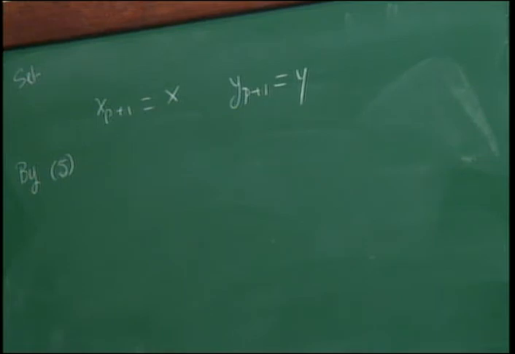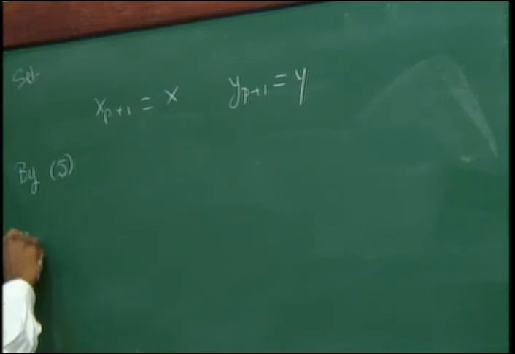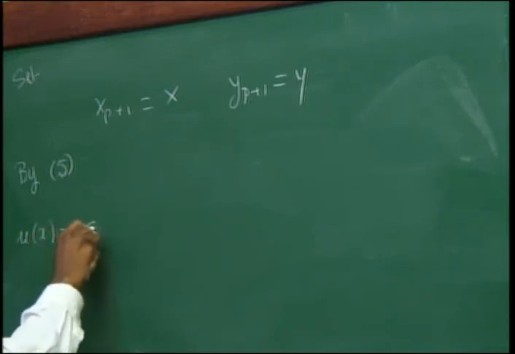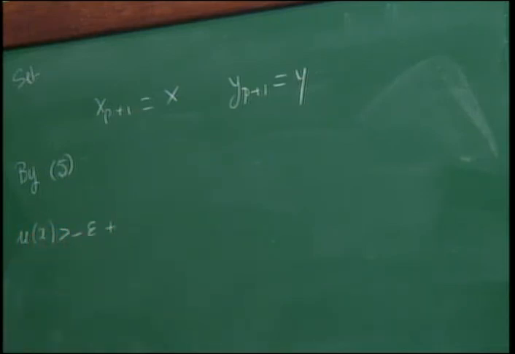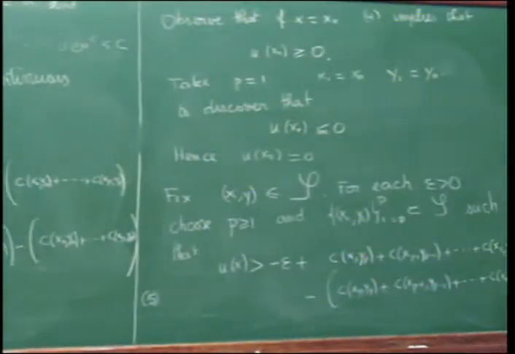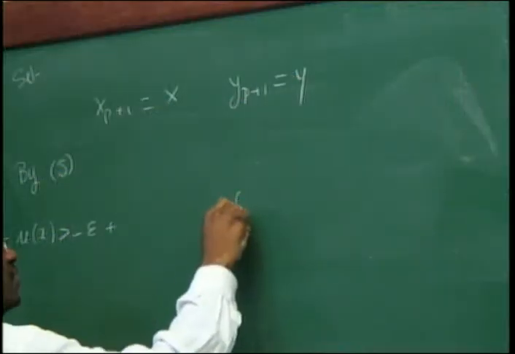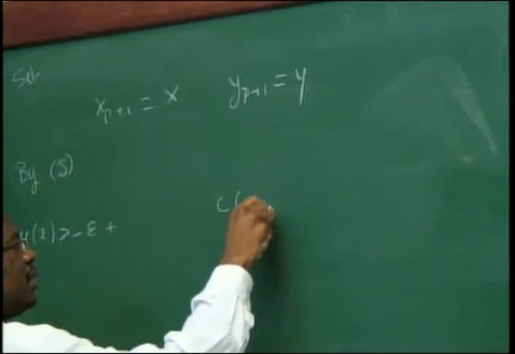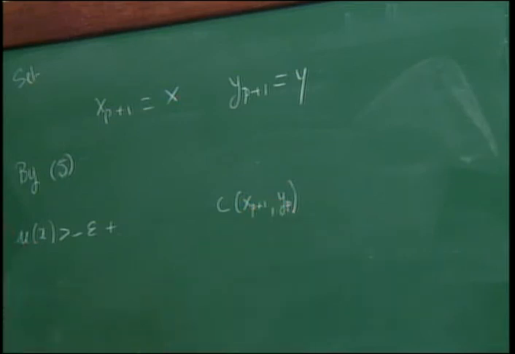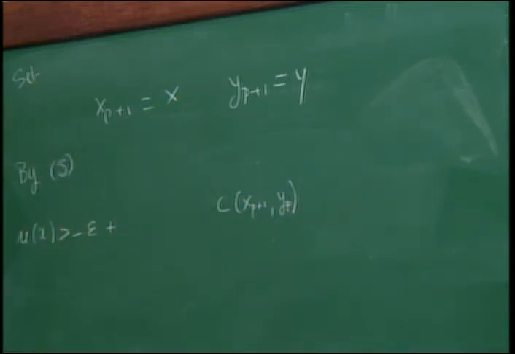U of X is bigger than negative epsilon plus, I will start with this. This is C of S_{P+1}, Y_P, because I have set X to be S_{P+1}.